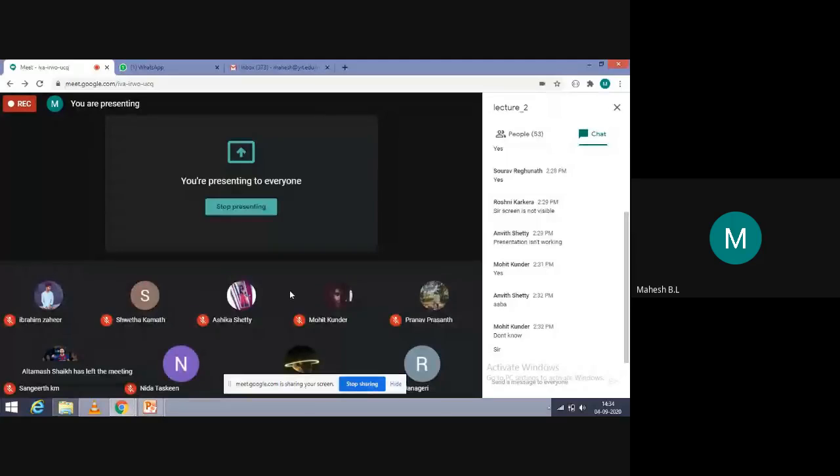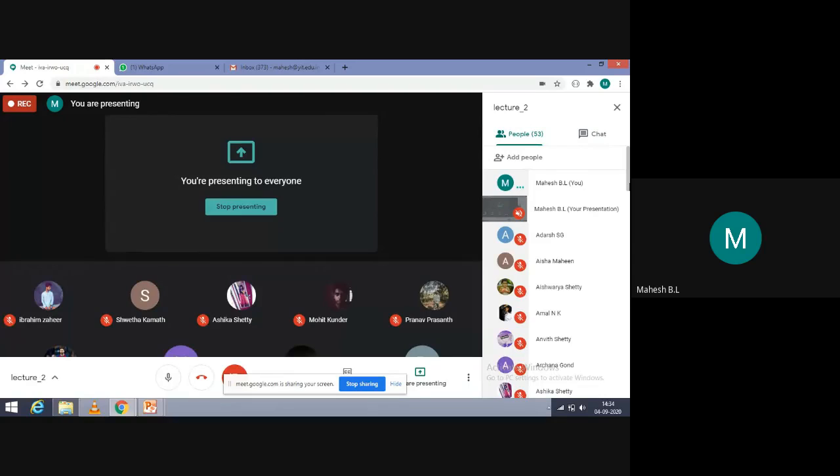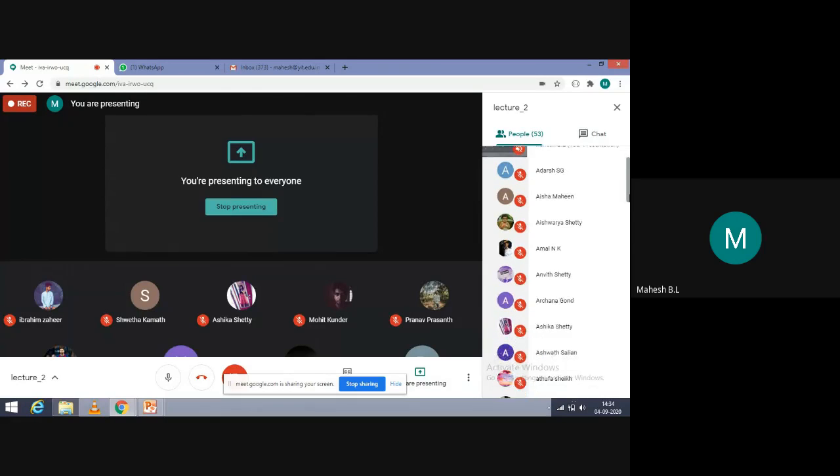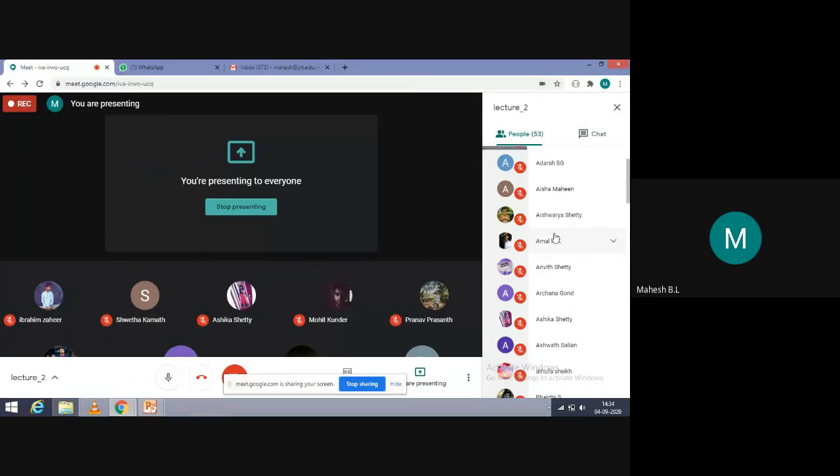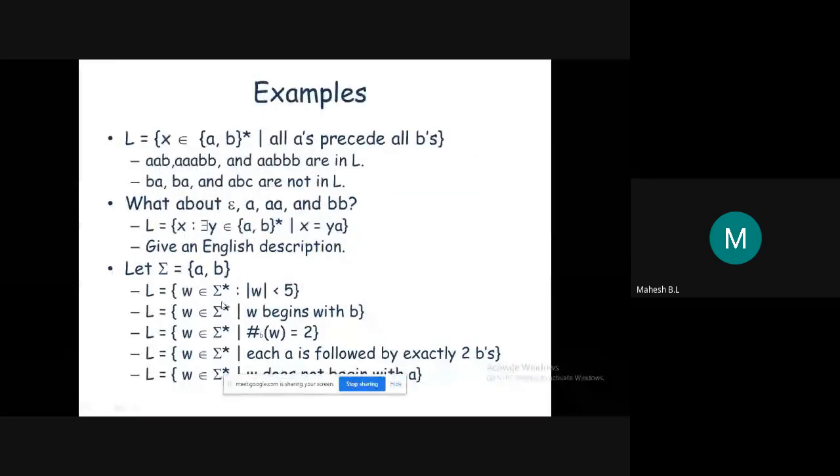Yes. Now, yes, Amal, give an example for this language. The first one, length of W less than 5, W belongs to sigma star. Give an example for this.